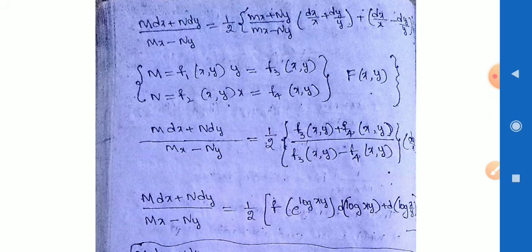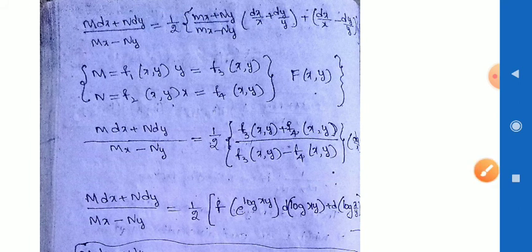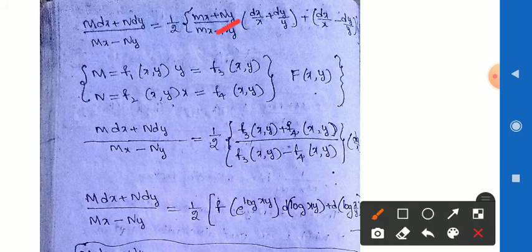So M dx plus N dy by Mx minus Ny can be written as 1 by 2 into f3 of x comma y plus f4 of x comma y by f3 of x comma y minus f4 of x comma y into dx by x.